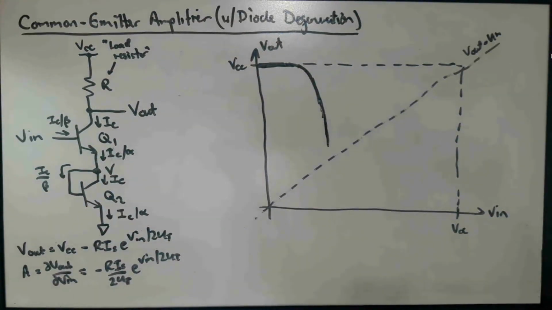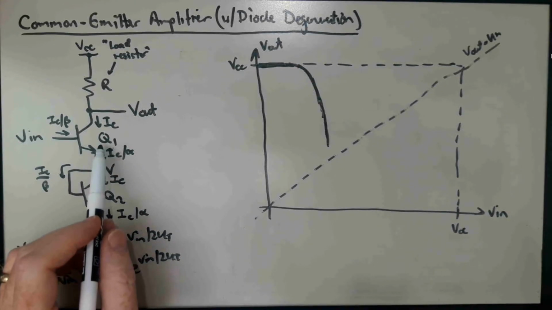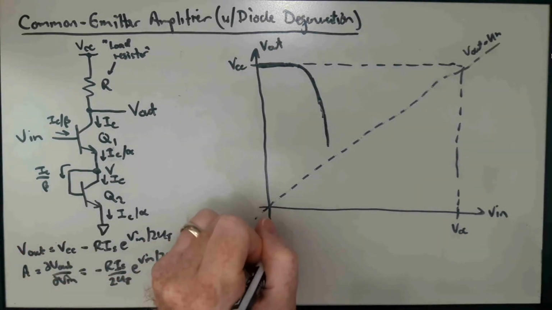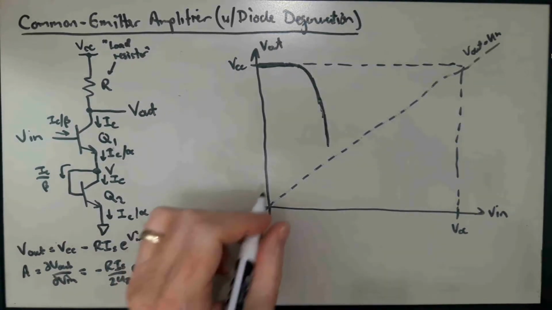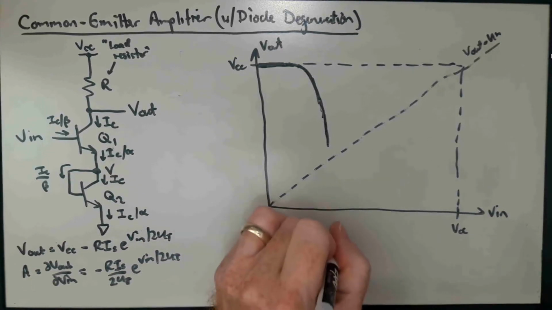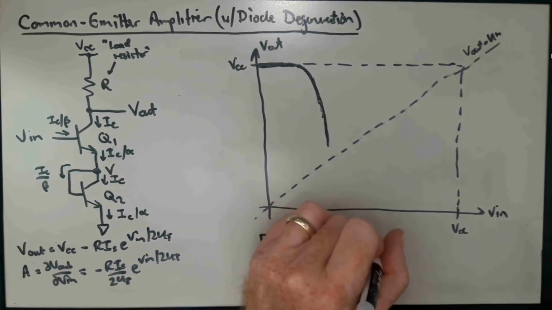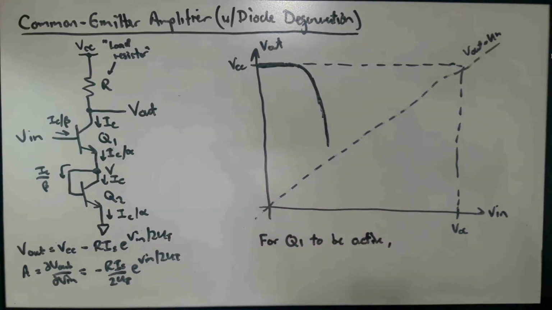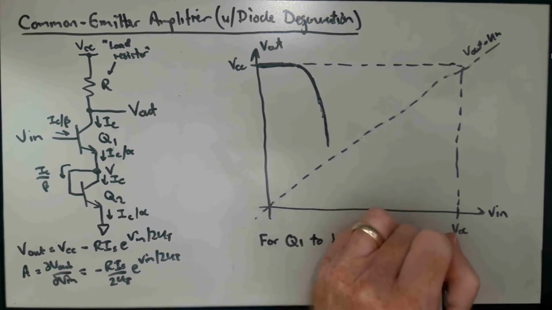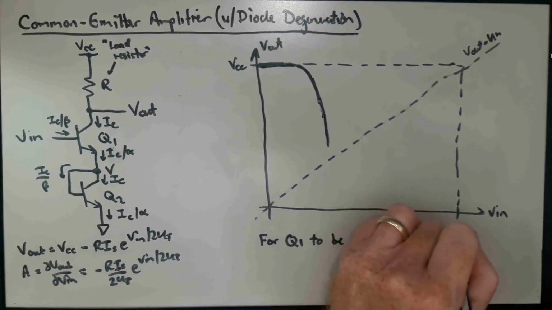And then at some point, this device, Q1, will leave the active mode, right? So it will leave the forward active region. And so for Q1 to be active, we need to have Vout, which is the collector, greater than or equal to the base, which is Vn, right?